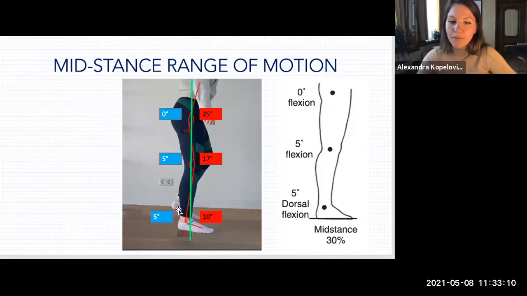We're expecting 5 degrees of dorsiflexion. Our patient is actually in 10 degrees of plantar flexion at this point. We're expecting very slight flexion at the knee joint, but our patient is at 17 degrees of knee flexion. And we're expecting 0 degrees at the hip joint, but we're getting 25. So it's a lot more.